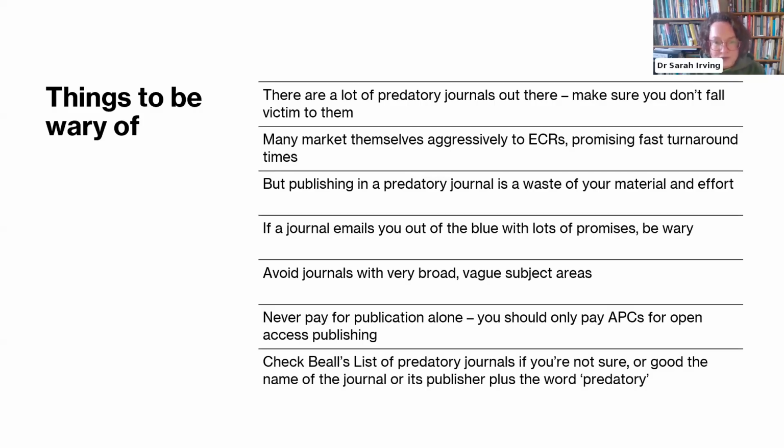There are other ways of spotting journals that are predatory. Often they have very broad, vague titles. They're often called things like Journal of Arts and Humanities or Journal of Sciences, or something like that. There are very few journals that are that broad that are any good.